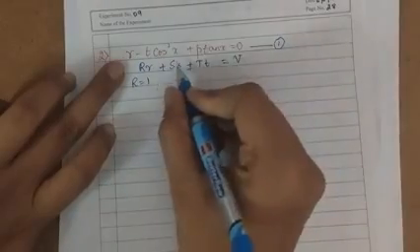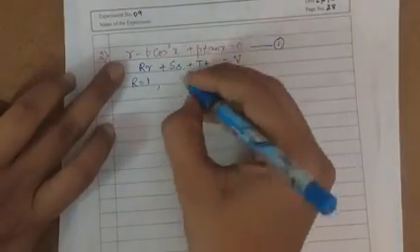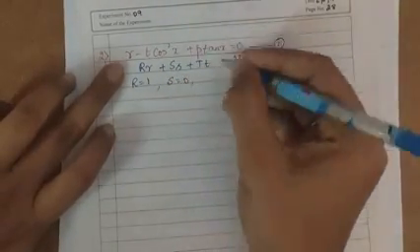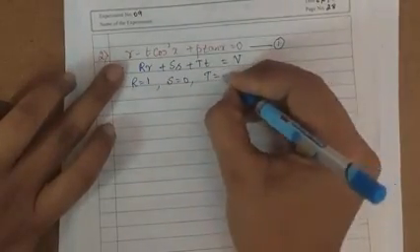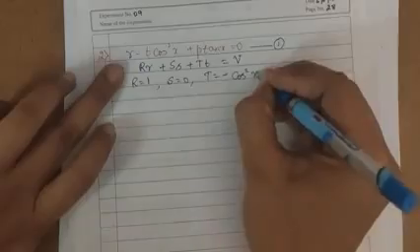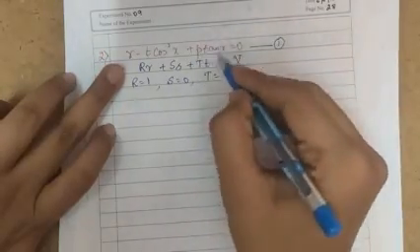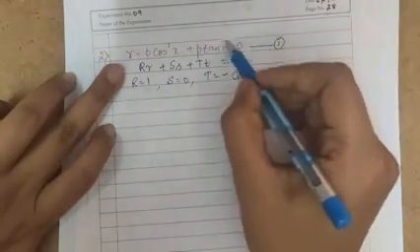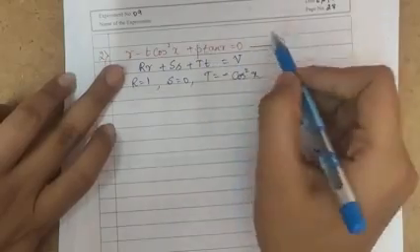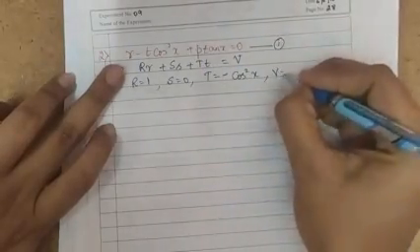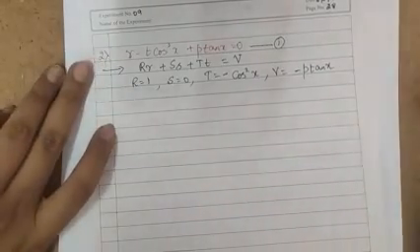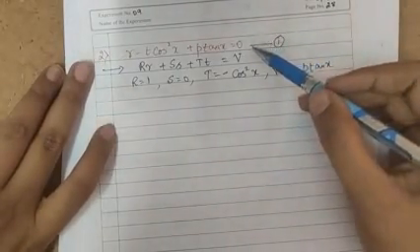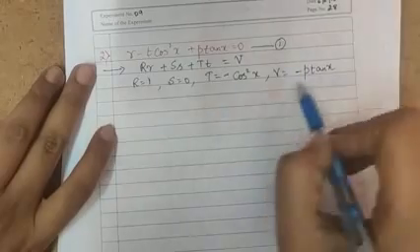There is no s term here, so S will be 0. The coefficient of small t is minus cos square x, and the remaining is p tan x. I will transfer this p tan x to the right hand side, so I will get V is equal to minus p into tan x. So if I compare my given equation with the standard equation, I will get these values.